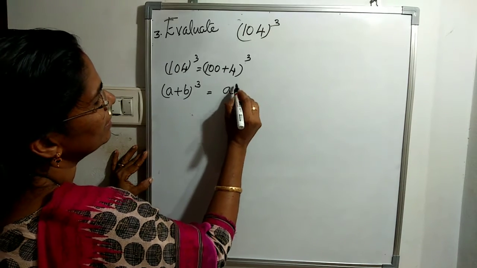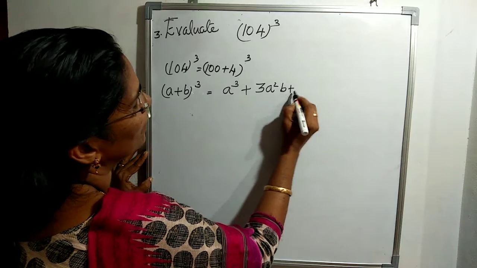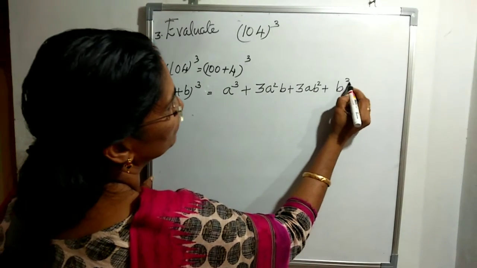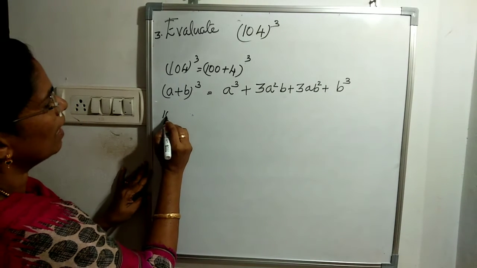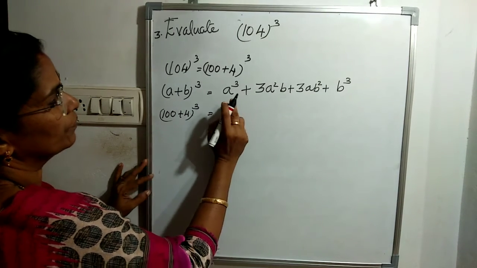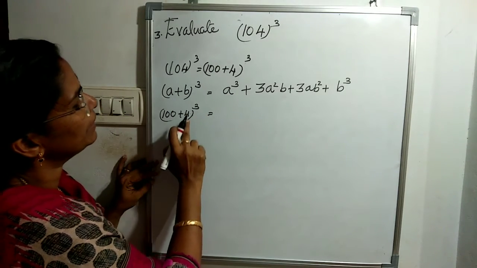Write the identity: a cube plus 3a square b plus 3ab square plus b cube. Now (100 plus 4) whole cube is equal to, instead of a it is 100, instead of b it is 4.